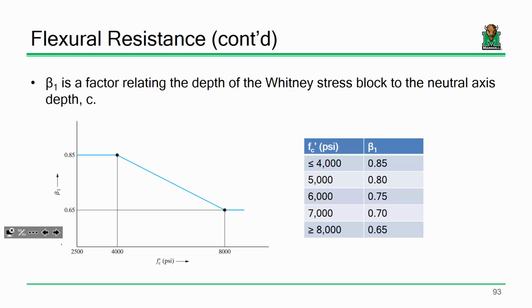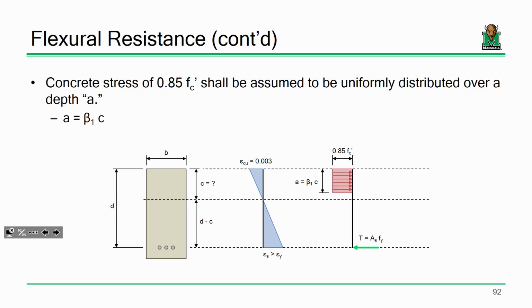If you've got 4 ksi concrete or anything less than that, beta sub 1 is 0.85. Anything greater than 8,000, it's 0.65. Everything in between, it's just a linear fit. So based on your grade or class of concrete, you can determine what beta sub 1 is. So if you had 5 ksi concrete, this would be 0.85, but that would be 0.8. Does that make sense?